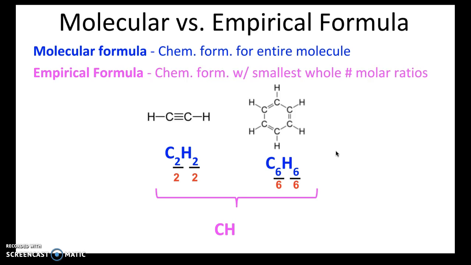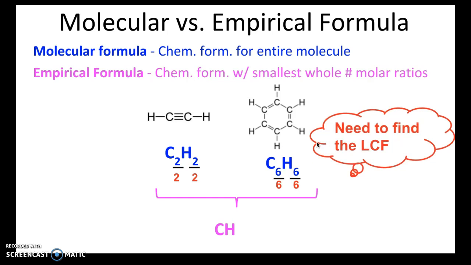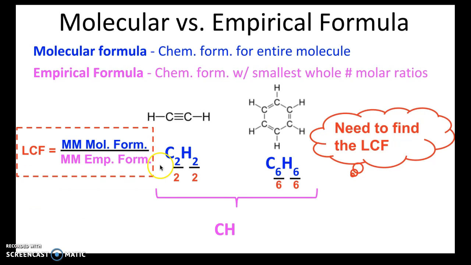All right, so in order to go in reverse from the empirical formula to the molecular formula, we need to figure out what this least common factor is, the numbers here in red. So how do we find the least common factor? The easiest way to do it with their molar masses is to take the molar mass of the molecular formula and divide it by the molar mass of the empirical formula. That works out because whatever you scale the empirical formula up by to get the molecular formula, whatever this factor is, the same thing will happen to the molar mass.